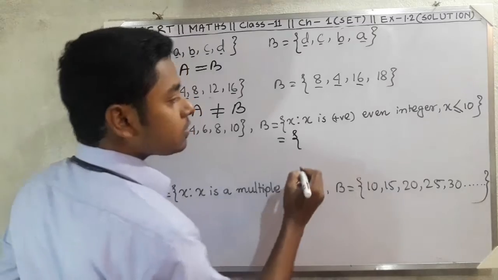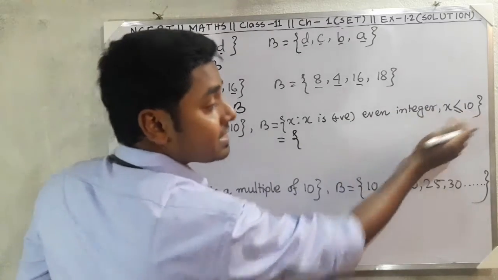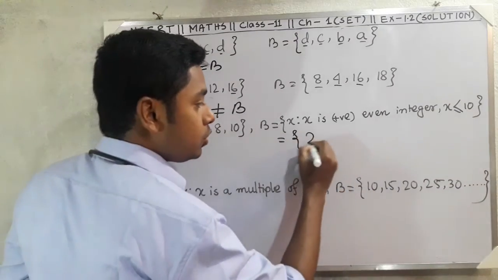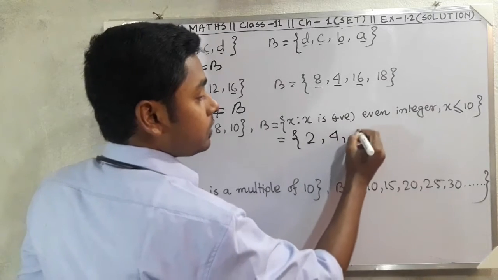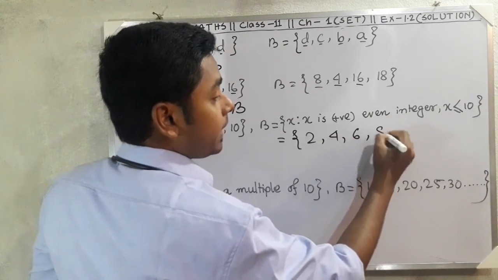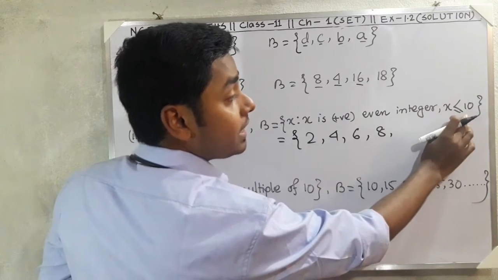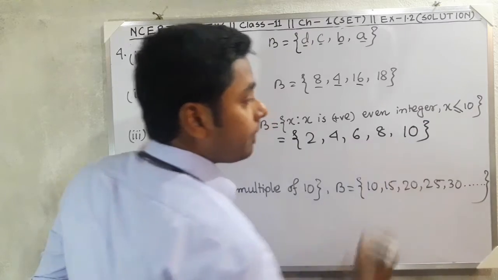So first, positive even integers less than or equal to 10. Positive even means 2, which is positive, then 4, 6, 8, and here it is less than or equal to, so for the equal sign we have to take 10.